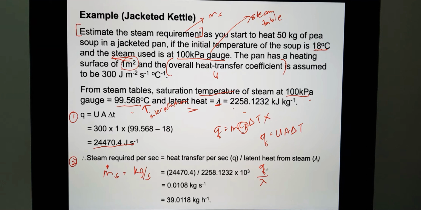For example, for Q we have the unit of joule per second. Then you need to divide by latent heat, whose unit is kilojoule per kilogram. Kilojoule is represented by 10 to the power of 3 joule per kilogram. Because this is per, when you want to move it up, you need to turn it the other way around.